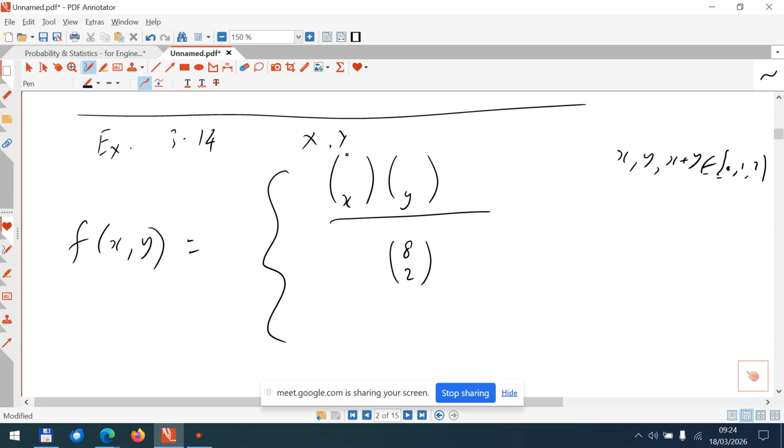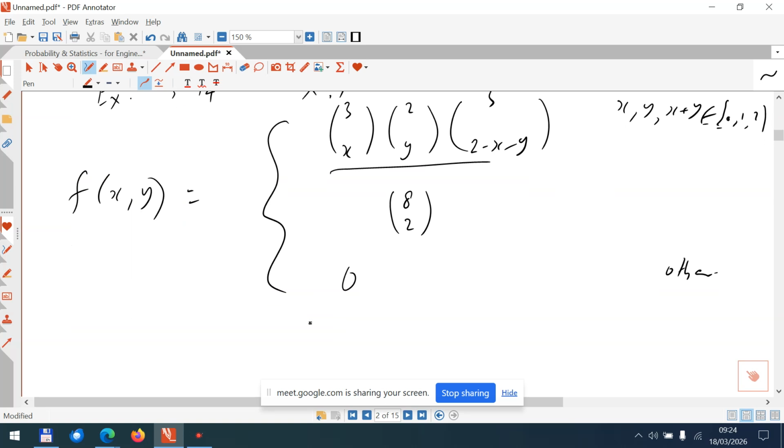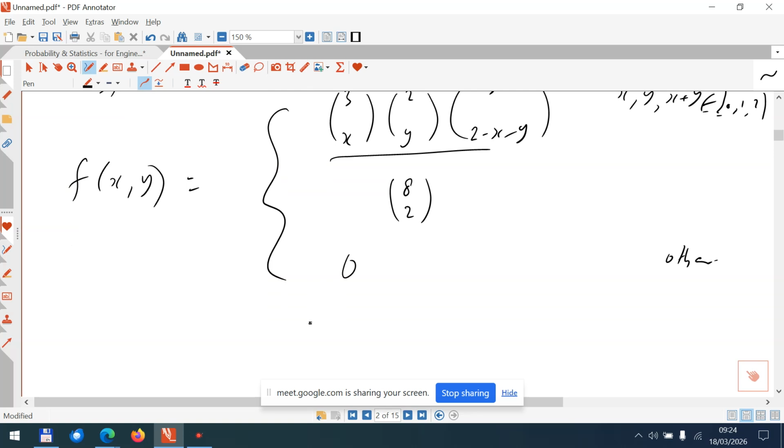The blue balls could only be picked from 3, the red balls could only be picked from 2, and the remaining green balls, which is 2 minus x minus y, could only be picked from 3. And otherwise, we learned that this was 0. So this is the starting point of this question.